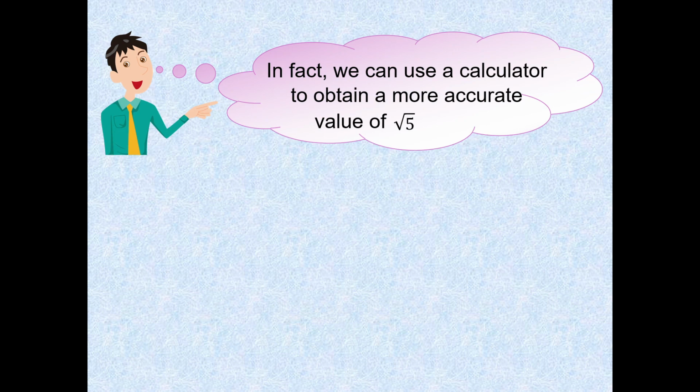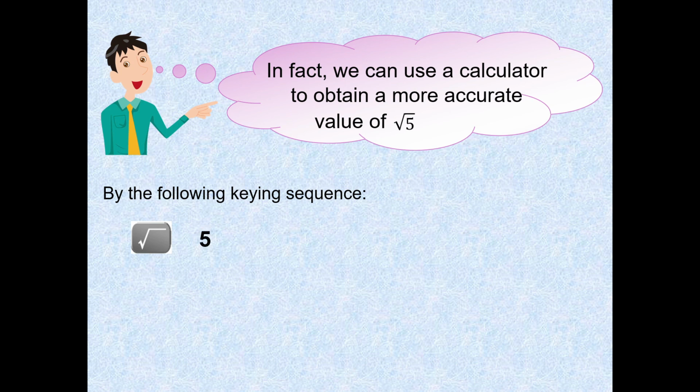Or we can also use a calculator to obtain a more accurate value of the square root of 5. So now, please take out your calculator and follow the following sequence. First of all, please press the square root button, and then press the number 5, and then press the close bracket.